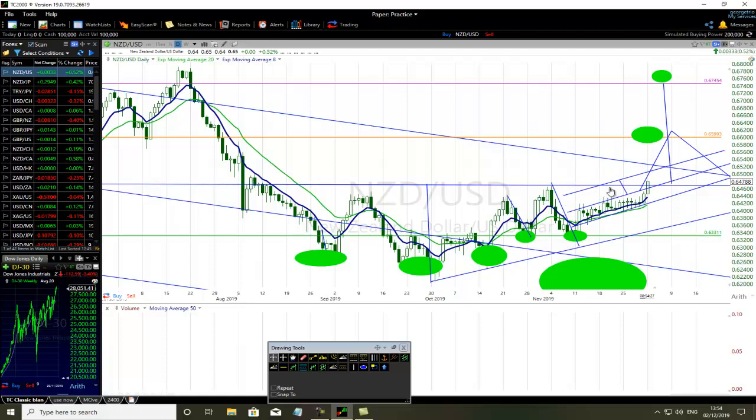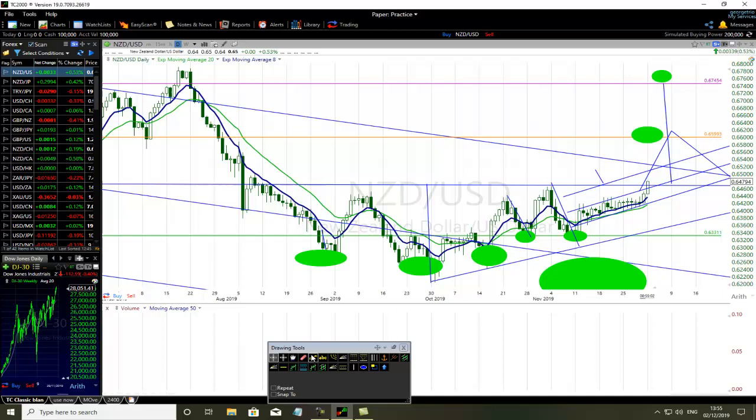Okay, the width of this small channel here, we project the width in the direction of the price to pinpoint the hidden resistance level. So it's going up like this. It goes above 0.6470. Watch out for the top of that channel. If it goes above it, you keep doing that. You can keep doing this.